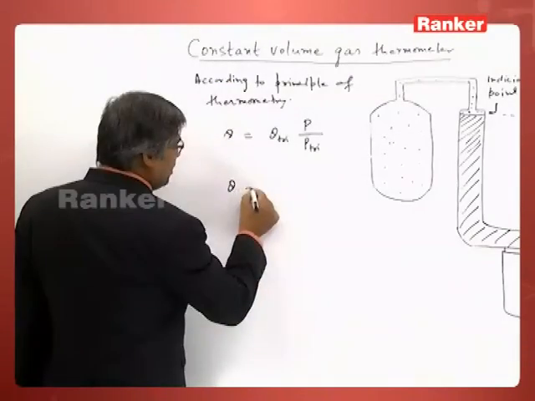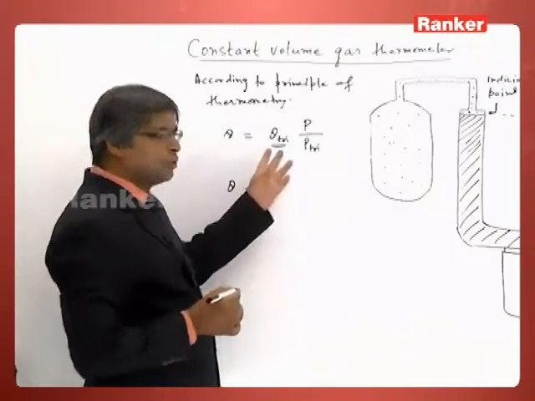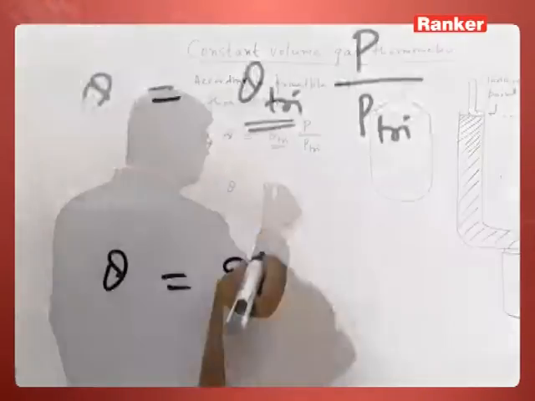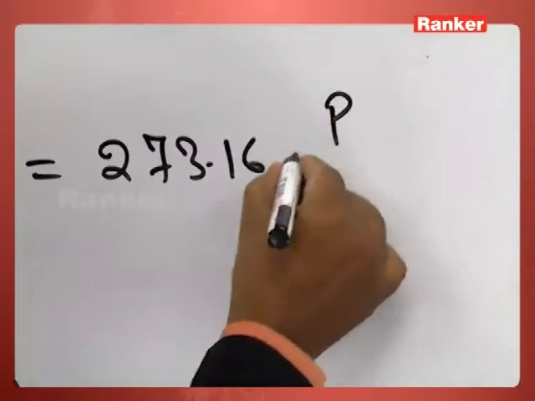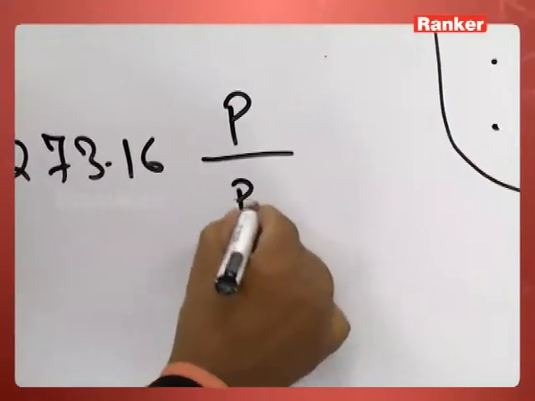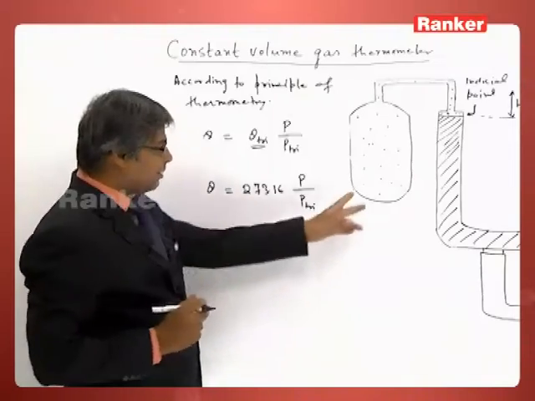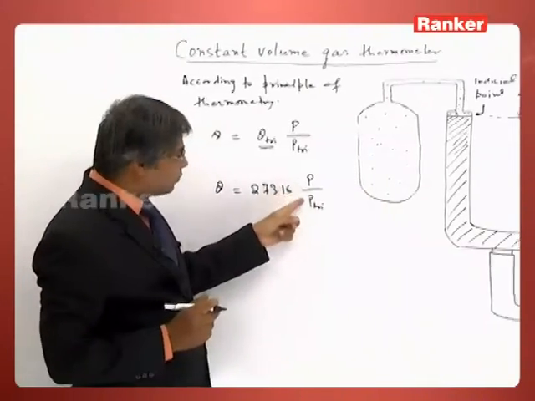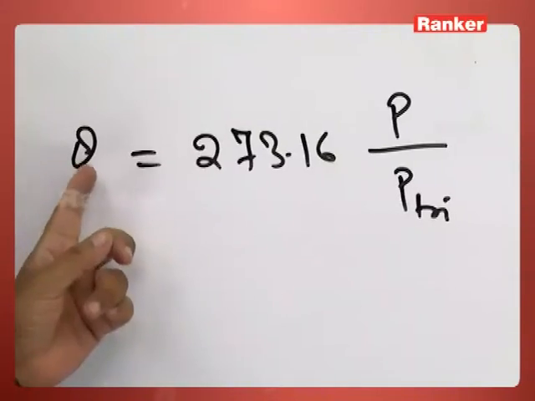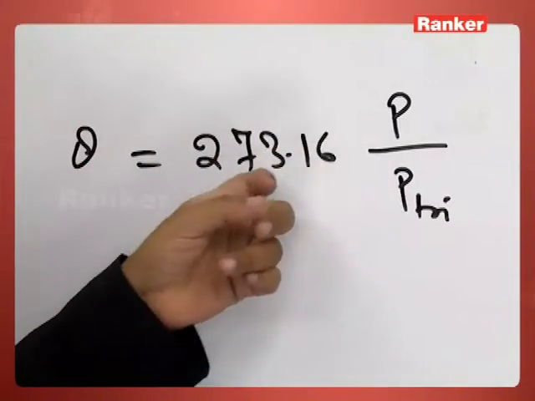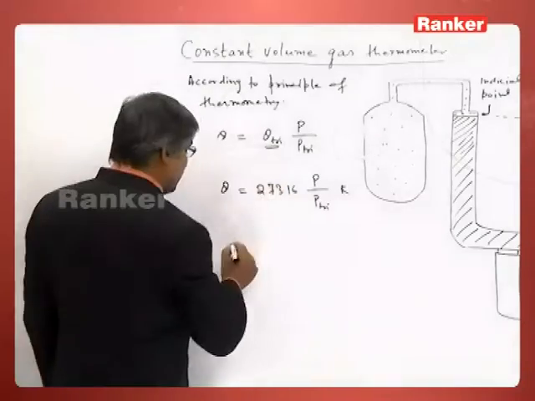So this is theta and theta triple is the numerical value assigned to triple point, 273.16, by P, which has to be measured, and P triple. So what we have to determine by experiment is the ratio of P by P triple, and automatically this by this into 273.16 Kelvin is the temperature assigned.